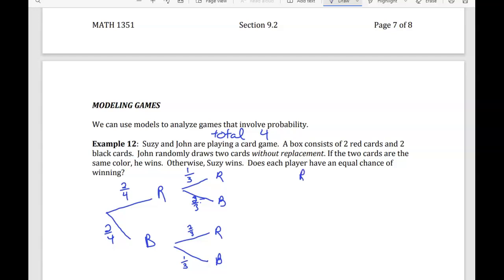So, to get a red and a red, it's 2/4 and 1/3, which would be 2 out of 12. To get a red and a black, it would be 2/4 and 2/3, which would be not 8, that would be 4 out of 12.